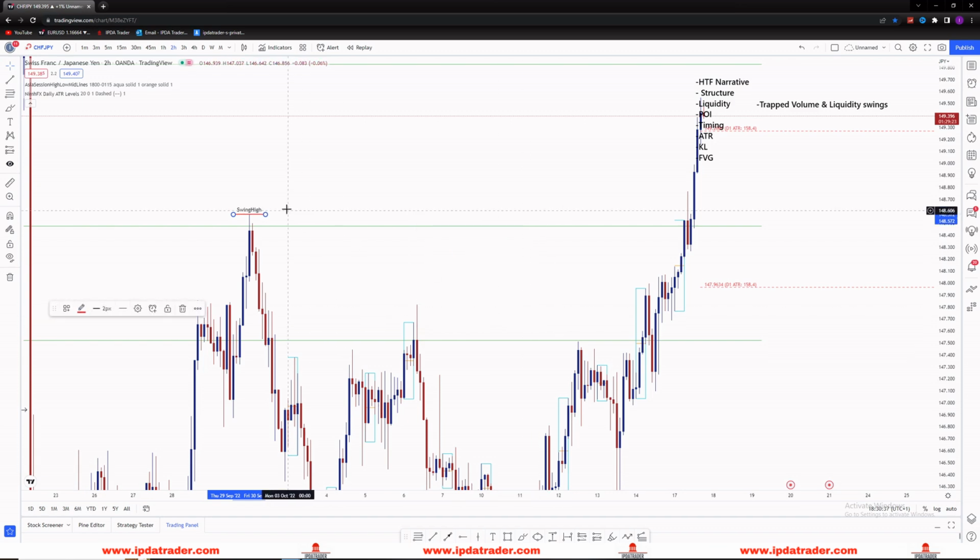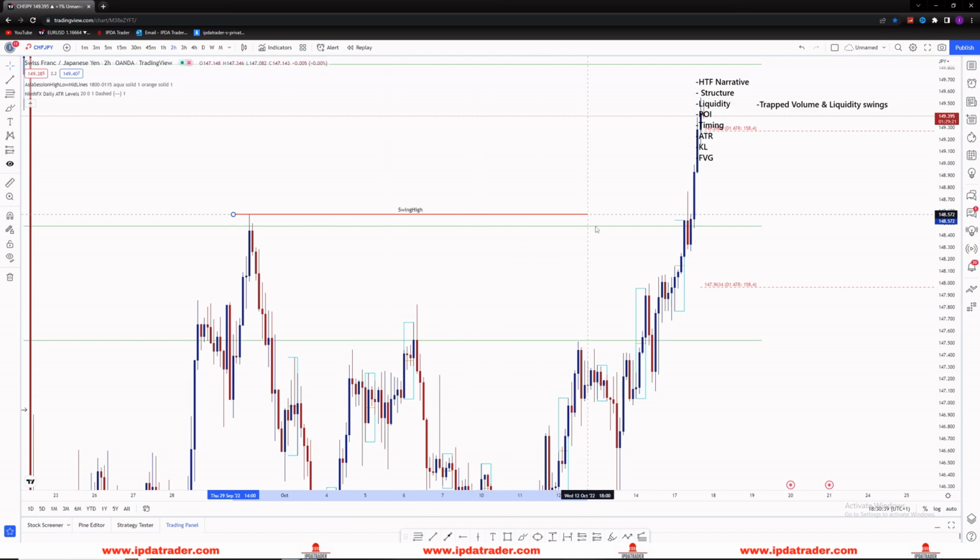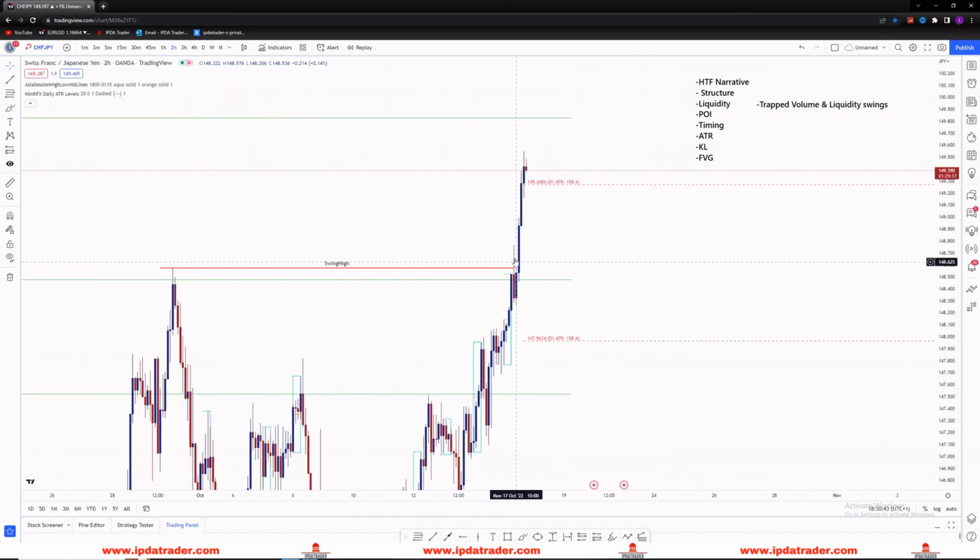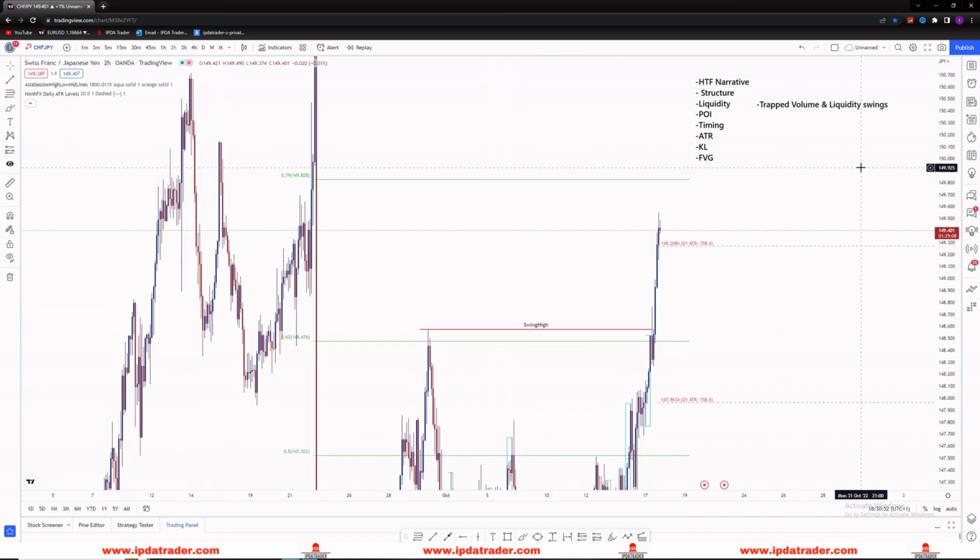There we go, now that's accurate. And if we drag this across, we can see that we've cleared the swing, initiating longs above it. We squeeze them for a little with the big bearish candle, and we continue pushing further up.